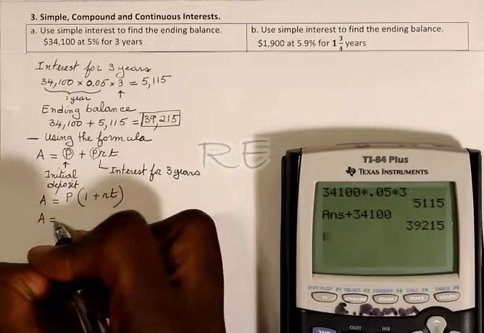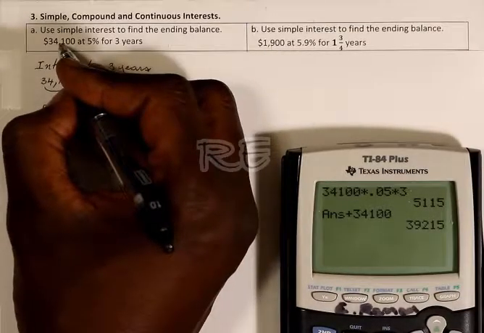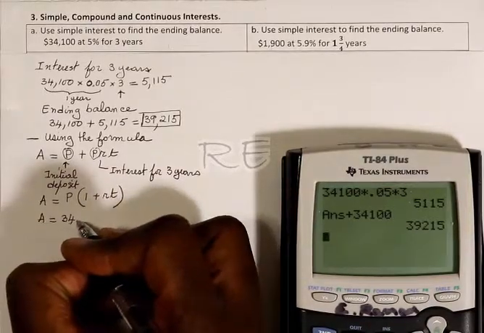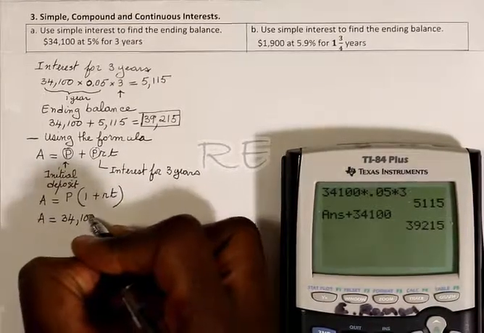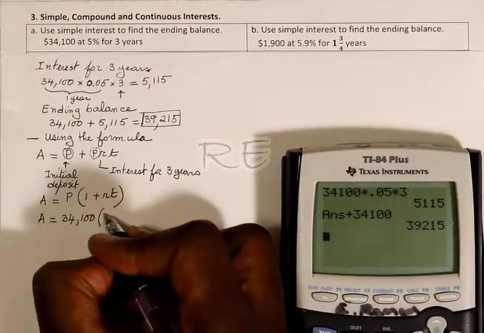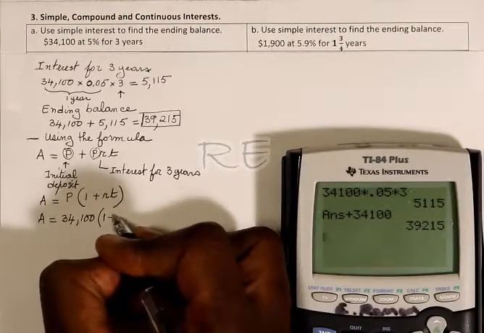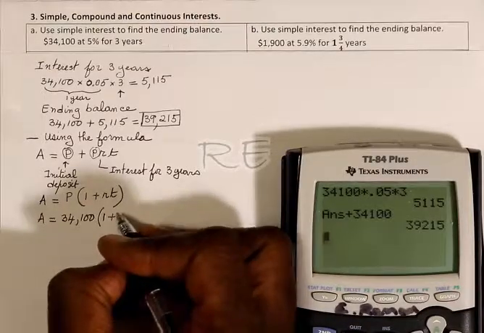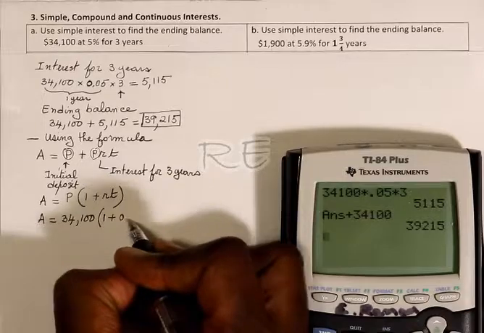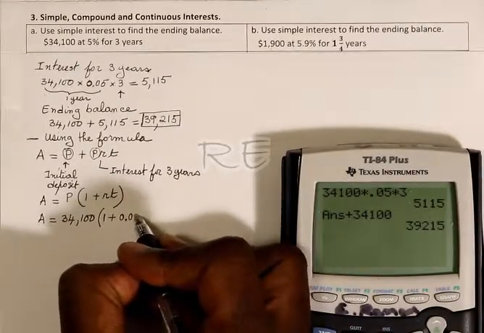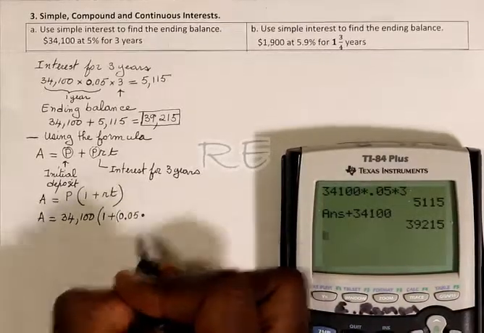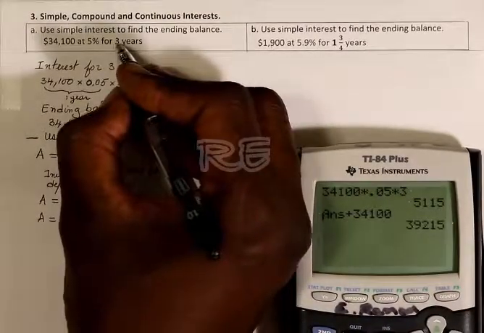So A is equal to the initial deposit, 34,100, right? Multiplied by 1 plus the rate in decimal, 0.05, times the number of years, 3.